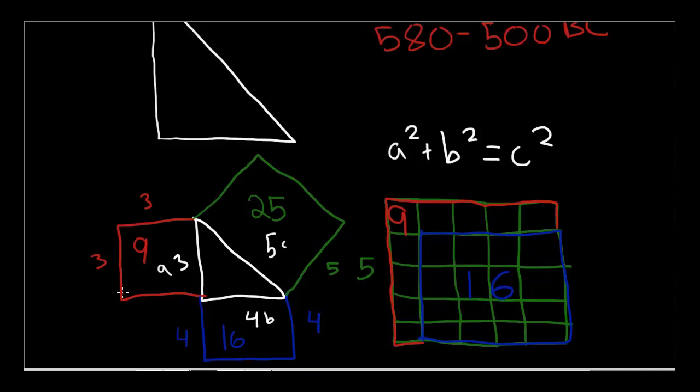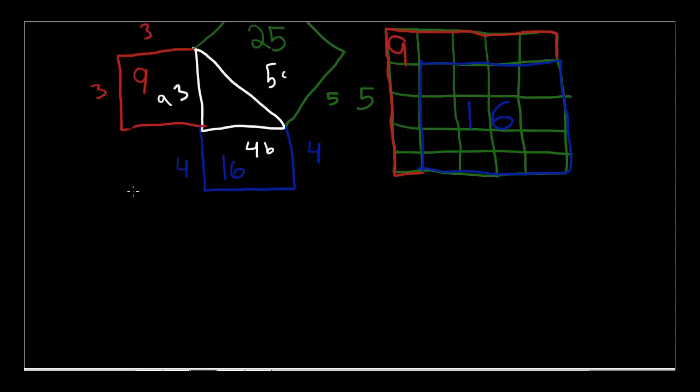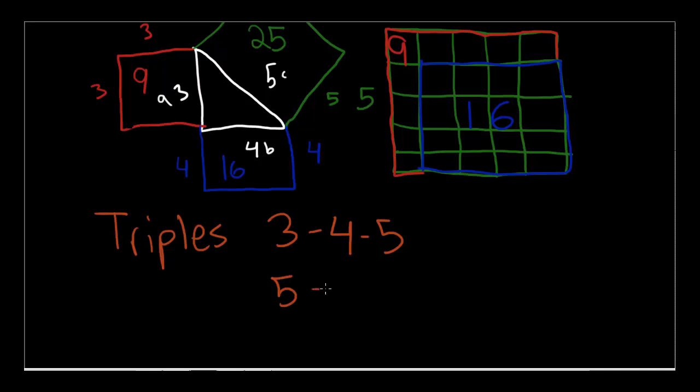There are also numbers that the Pythagorean theorem is associated with, which are called Pythagorean triples. Triples are basically numbers that will always work with the Pythagorean theorem. They're whole numbers, and this will be a very important concept. So numbers like 3, 4, 5, which I've already shown you, then numbers like 5, 12, 13, and many more.